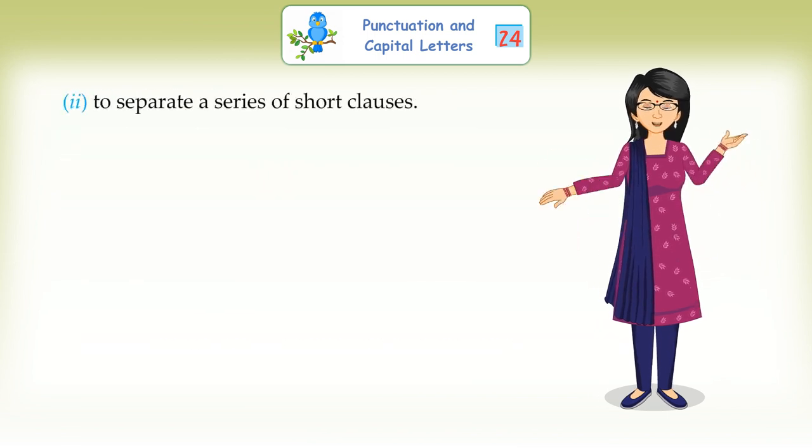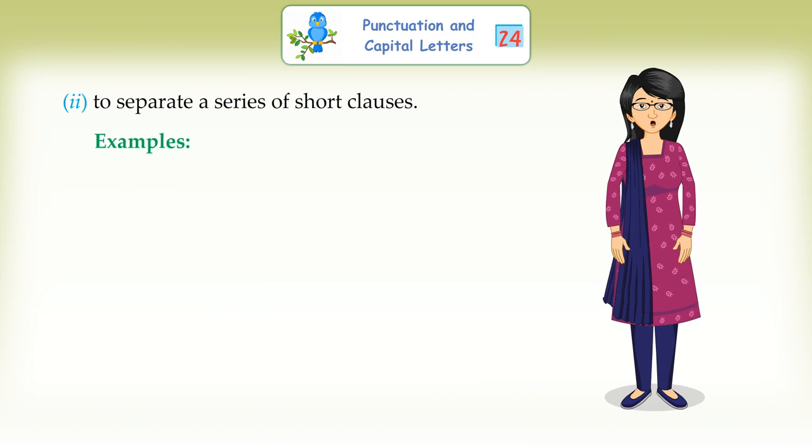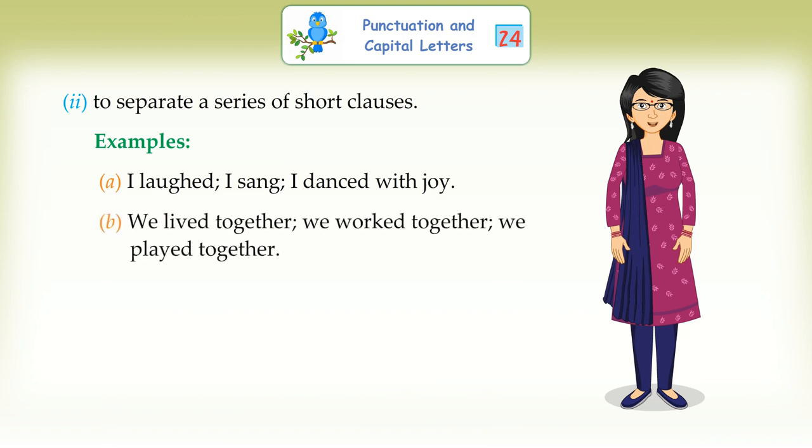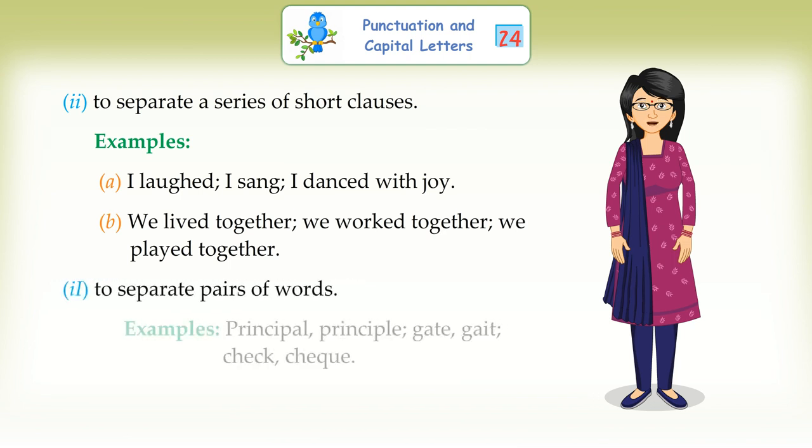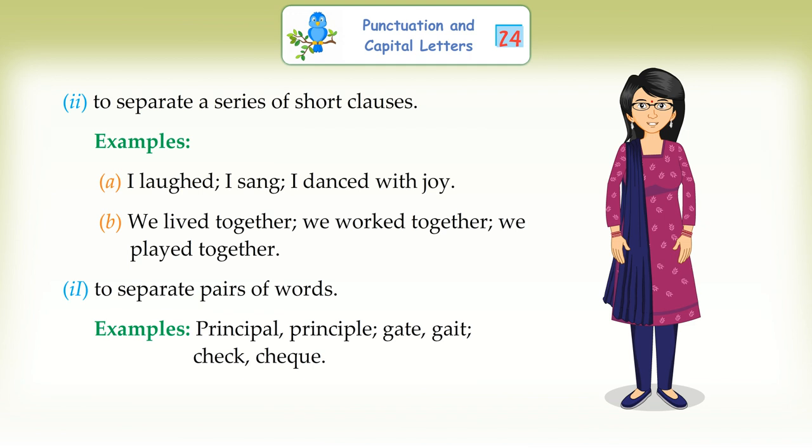To separate a series of short clauses. Examples: I laughed; I sang; I danced with joy. We lived together; we worked together; we played together. To separate pairs of words. Examples: principal; gate-check.